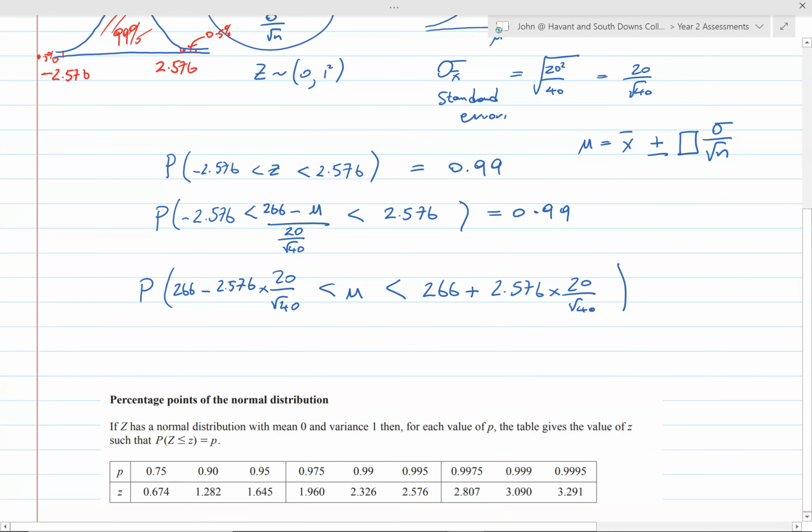Okay, and if we work those out, the lower bound is 257, or 258 to 3 significant figures.